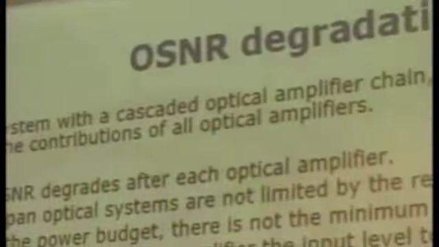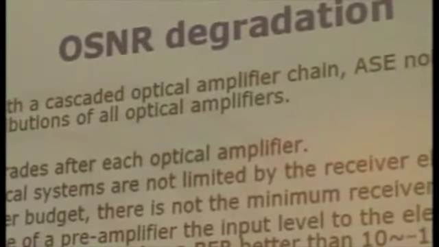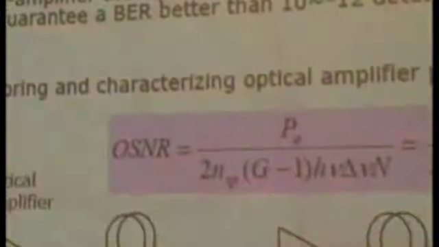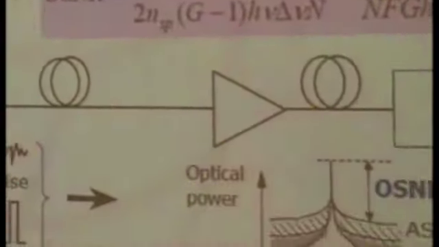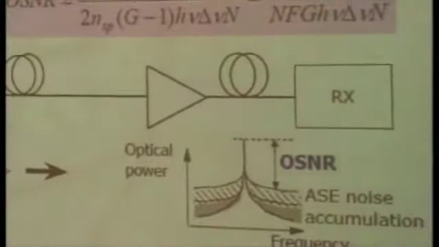So at each amplifier, the noise will accumulate, and you can see this spectrum, that's the original spectrum, but noise will accumulate. So optical signal to noise ratio means this signal level to noise level. As you can see, the noise level will rise up on the spectrum, and the OSNR value will decrease.